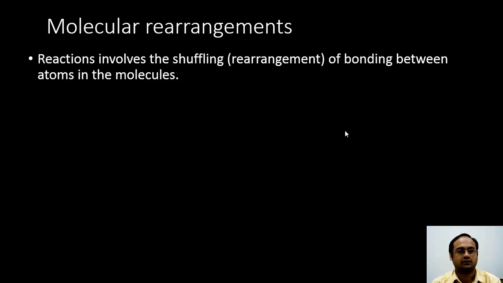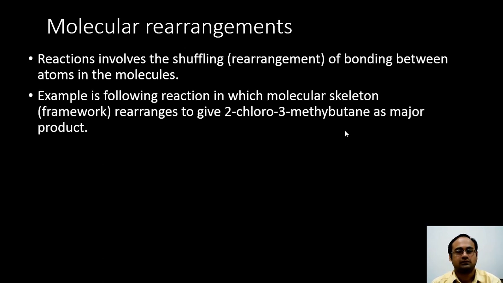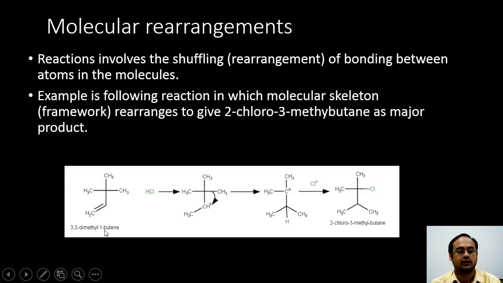Generally, reactions which involve shuffling or rearrangement of bonding between various atoms are known as molecular rearrangements. For example, we can take the following reaction in which 3,3-dimethyl-1-butene, when treated under acidic conditions, will undergo Markovnikov's addition of the proton at the terminal CH2.